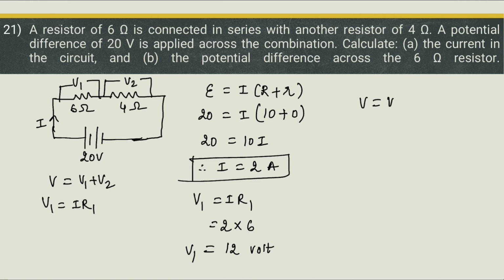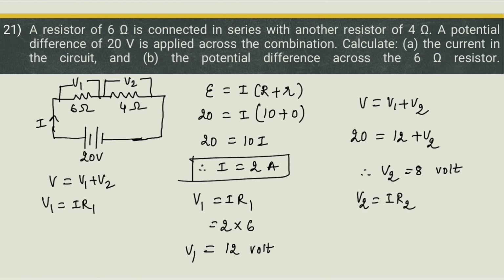We can use this formula V1 plus V2 is equal to V. Voltage of the battery is 20. V1 is 12. So V2 must be 8 volt. You can also find out V2 using the formula IR2. Current is 2, resistance is 4, 8 volt.